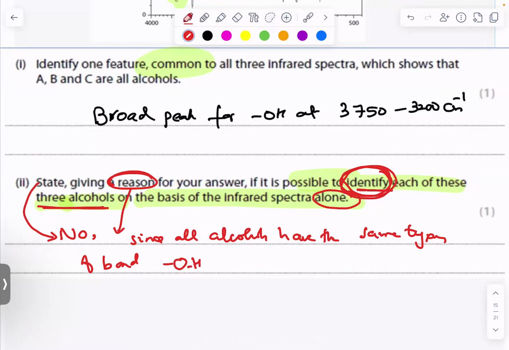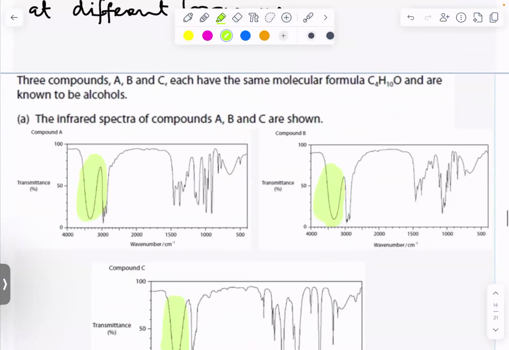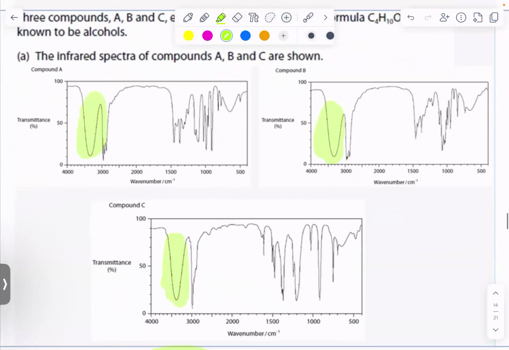Since all the alcohols have the same type of bond, that is OH, this bond would be there in all the alcohols. Look, just check this. Common, common, common.